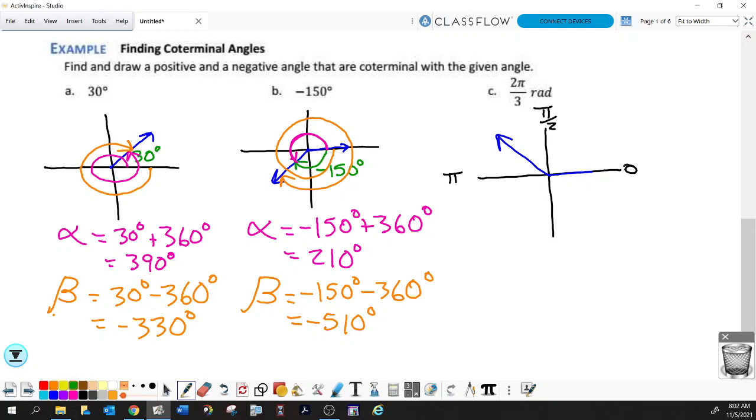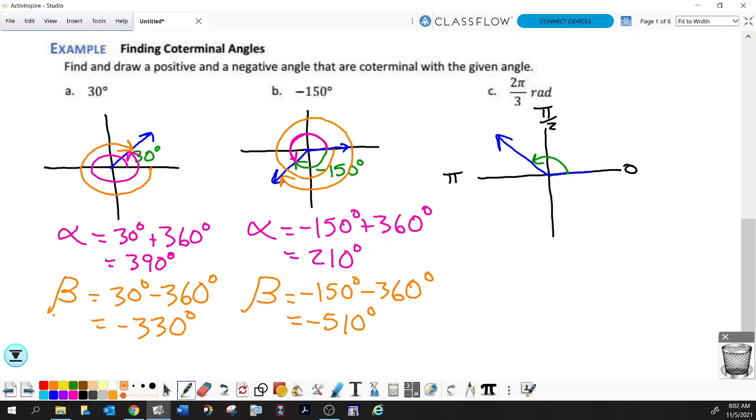And we opened 2 pi over 3 radians, counterclockwise. Okay. Well, if we want another positive angle, but land in the same spot, all you could do is add another full circle to it.